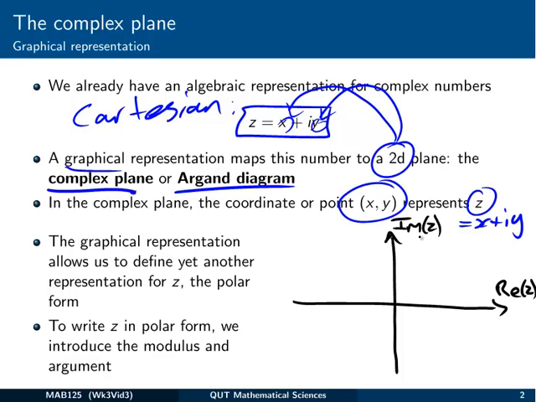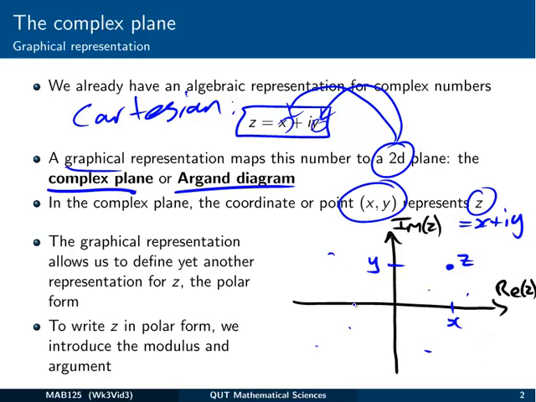Then we'll have coordinates like something like this, which we can say is z, and that's going to correspond with x along the real direction and y along the imaginary direction. So depending on what x and y are, will dictate where we find z in that complex plane.